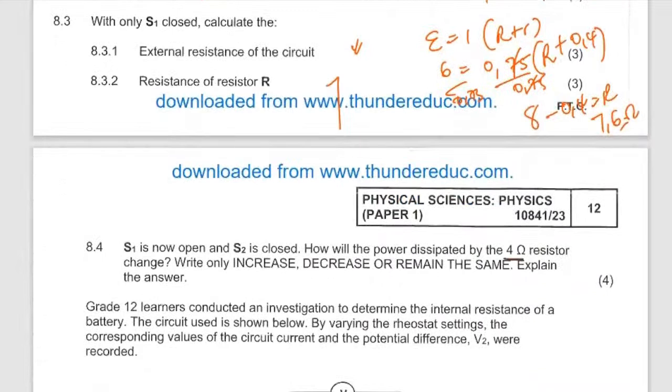So we have to say that the resistance is going to increase, that is for a fact. The current will increase because the external resistance has decreased. So the power increases, and you can use the formula of power being directly proportional to I squared R.